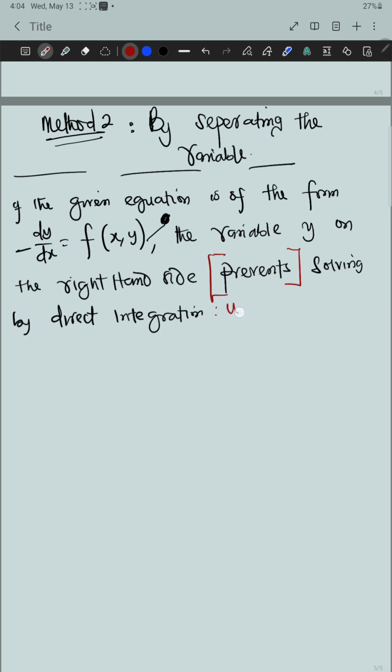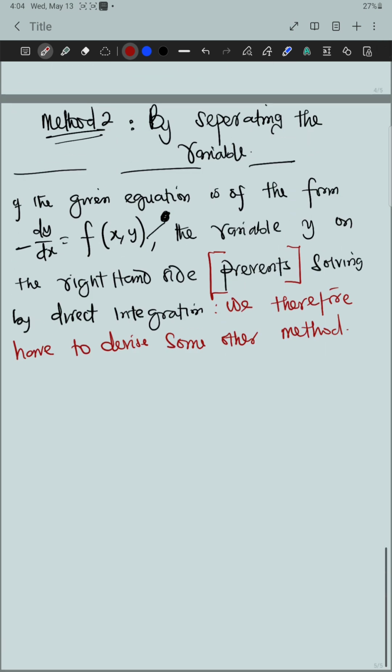We therefore have to devise some other method. That is where separating variables comes into play.